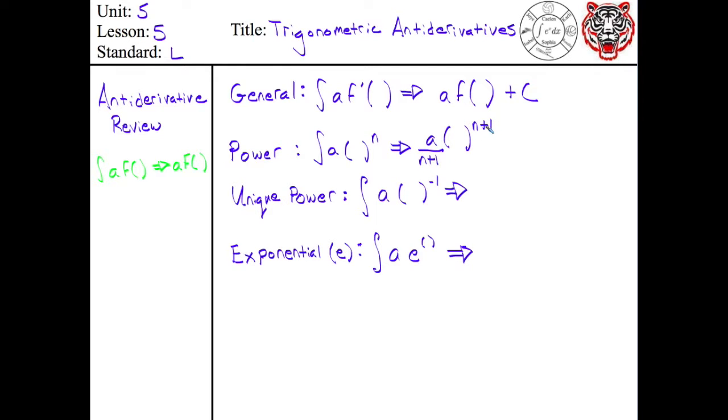So I add 1 to the power, and then I divide down. All right, what about unique power? So when I have a times the inner to the power of -1, we just learned this last lesson, and this is going to be a times the natural log of that inner, plus c.